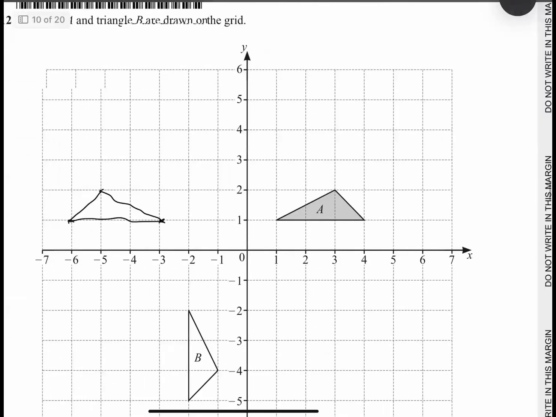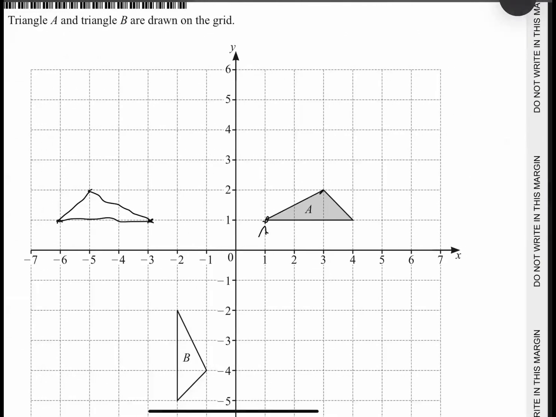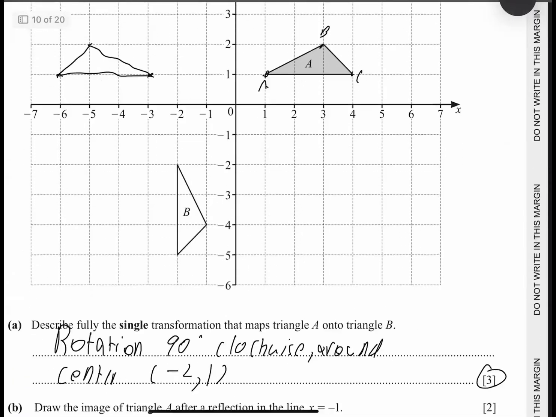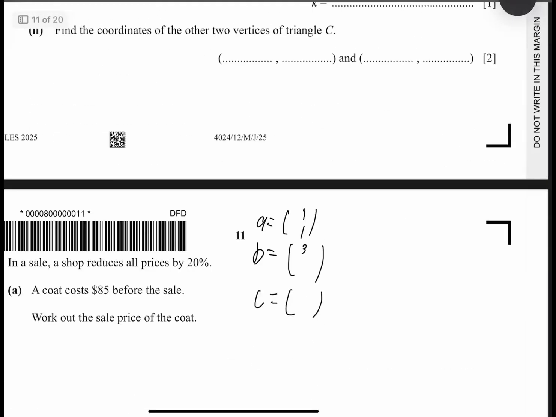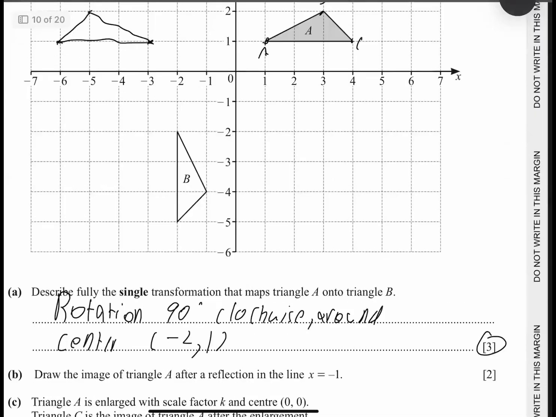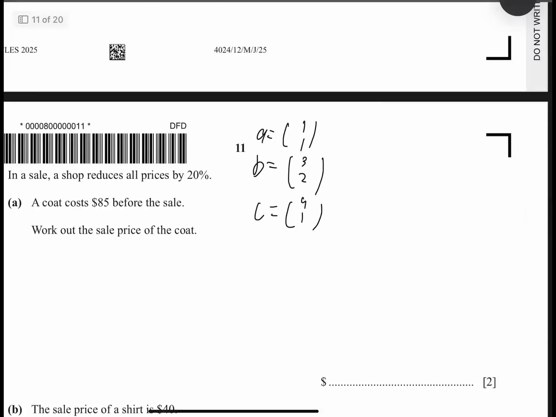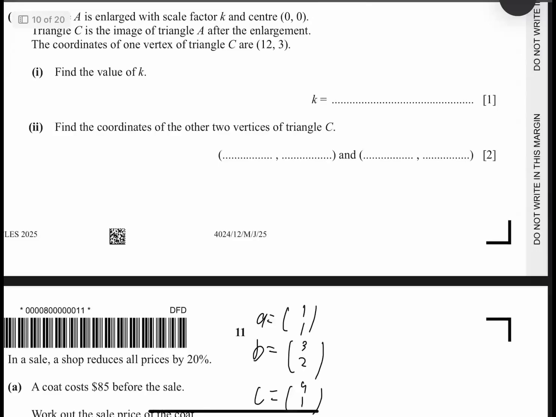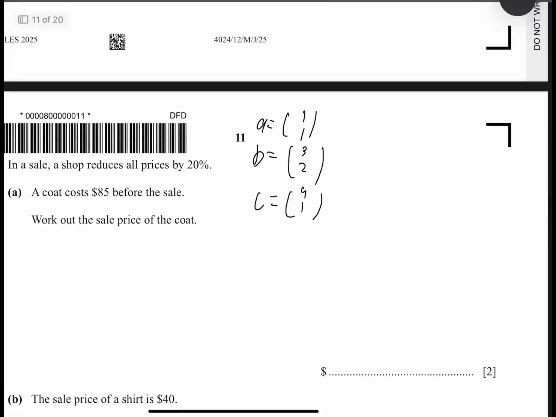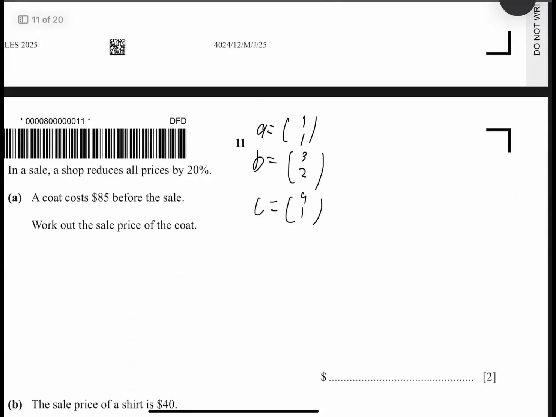We'll take this point as A, this as B, and this as C. So B is 3, 2, and C is 4, 1. So it's saying that one vertex becomes 12, 3. So out of all of these, we need to notice which one can become 12, 3, by multiplying with something.